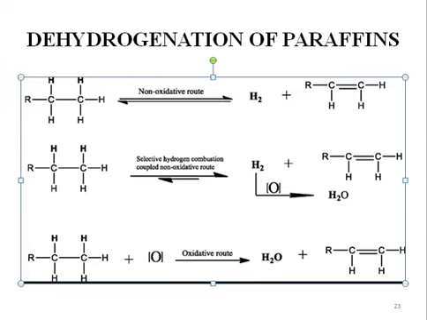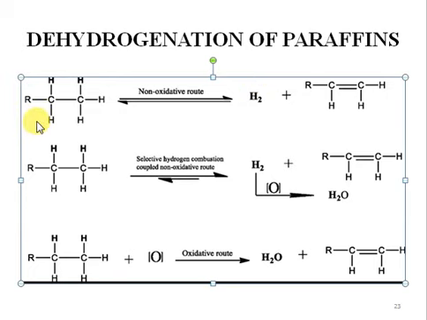Now we have a selective hydrogen route that involves the non-oxidative route. Right, so we are coupling this non-oxidative route and we are trying to make it more selective. So what we do is that this reaction is a reversible reaction. It means that the hydrogen produced in the reaction adds up to the double bond and converts it back into the alkane.